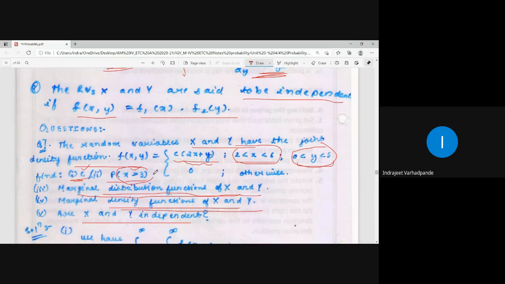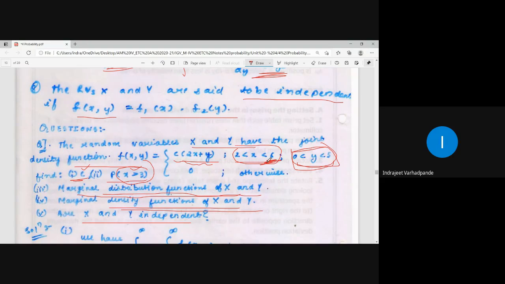Now from where to where do I have to find the probability? Probability for x greater than 3. Nothing is mentioned about y. So complete range of y will be taken between 0 to 5. But x greater than 3 is to be taken. Greater than 3 means it will go up to 3 to infinity. But my range of x is restricted.